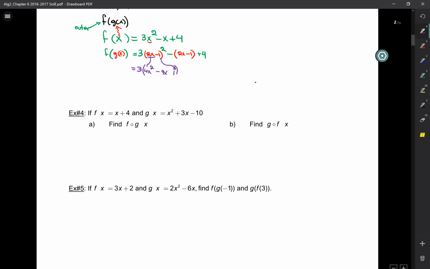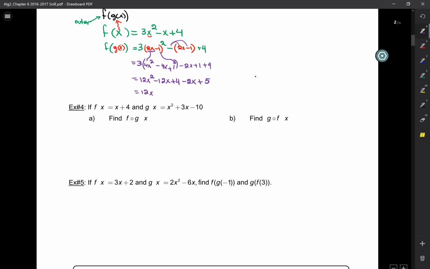Okay, so let's continue. We're going to distribute the negative. Minus 2x plus 1 plus 4. Let's continue further. 3 times 4x squared is 12x squared. Minus 12x plus 4. Minus 2x plus 5.